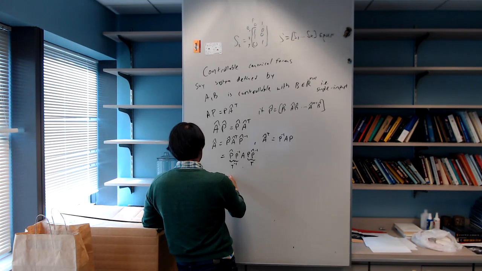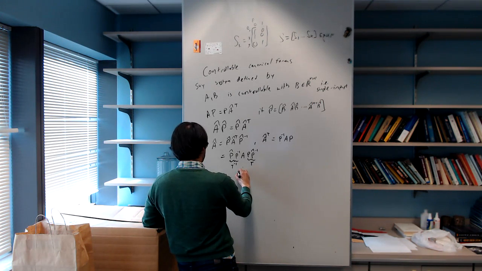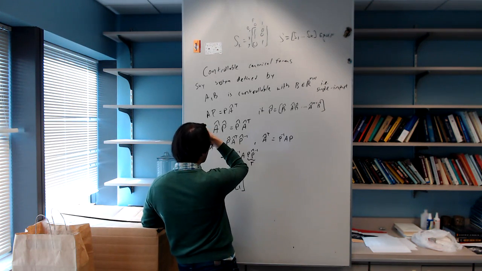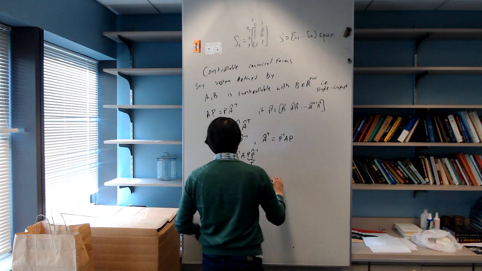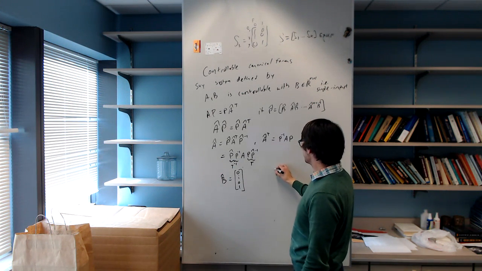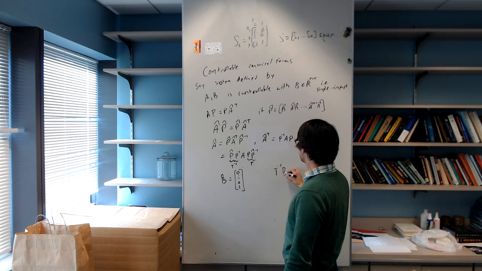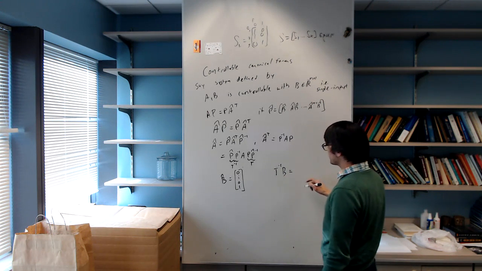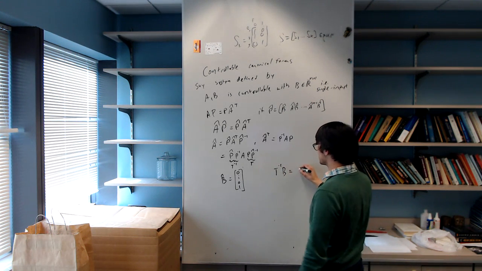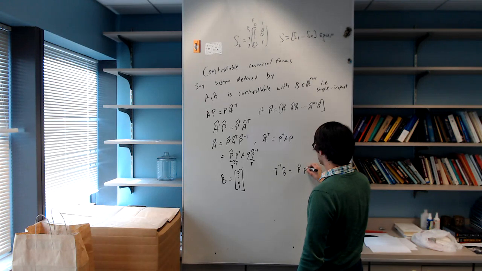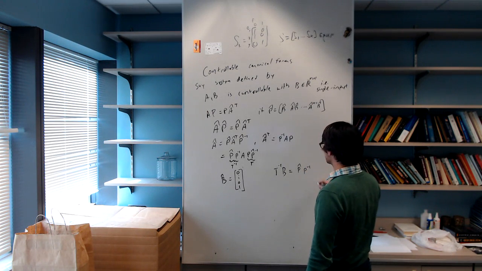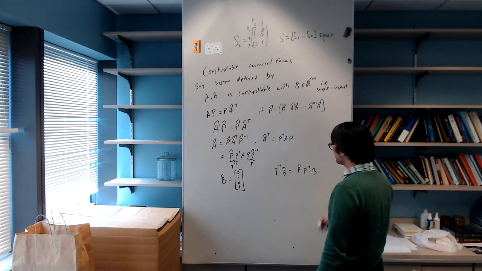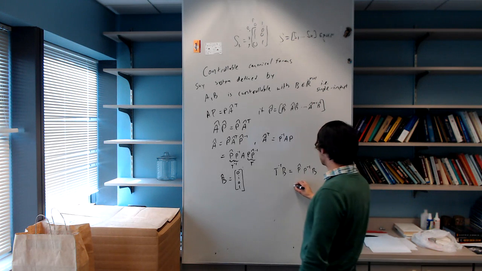And then we're also going to have that, recall that B hat was equal to 0, 0, 1. So what I want to show here is that T inverse B, well, let's go and think about what this T inverse really is. Let's plug in what T inverse is. It's P hat P inverse times B. But B is actually going to be the following thing.